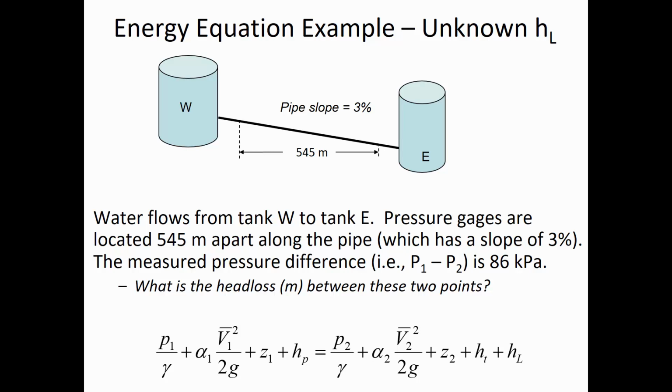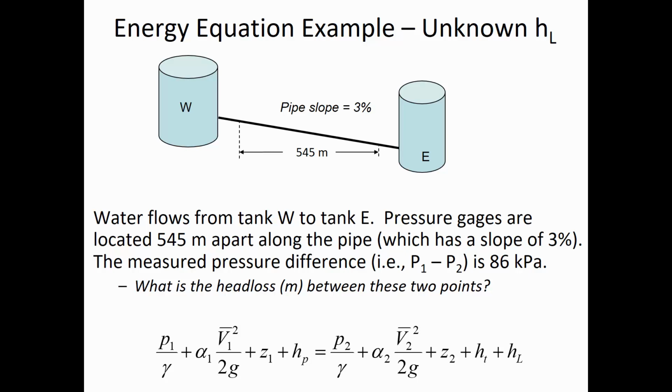What if we have a situation where two tanks are connected together and we have a pressure measurement that is taken 545 meters apart, and there's a slope in the pipe, and so that means that the pressure measurement is partly because of the elevation difference, and it's partly because of friction losses. So that measurement of the pressure difference that we have isn't all due to pipe friction.